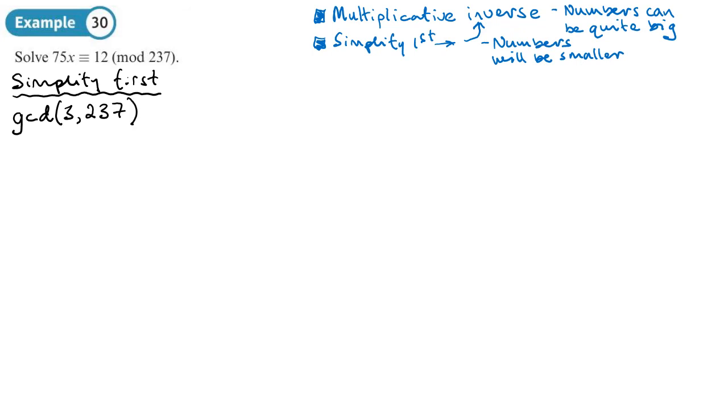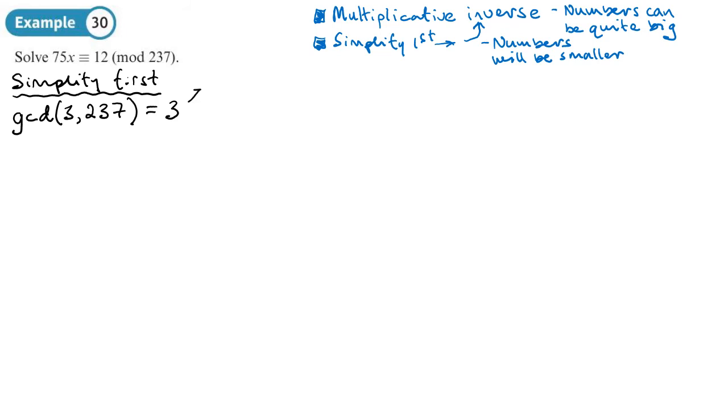Now, 237 happens to be one less than 240. So I know that 3 goes into 240, so it goes into 237. We could add the digits up, couldn't we? 2 plus 3 is 5, plus 7 is 12. 12 is divisible by 3, so this number must be divisible by 3. So the greatest common divisor is 3.